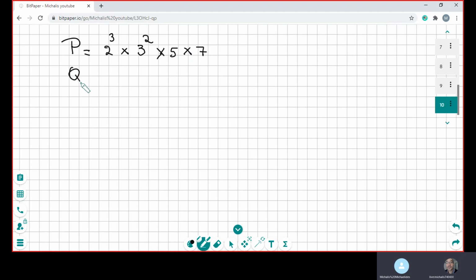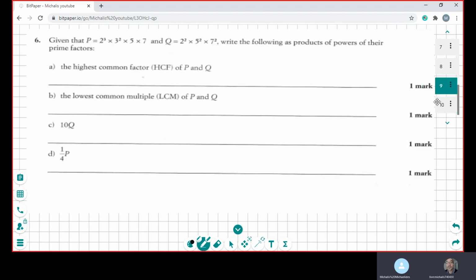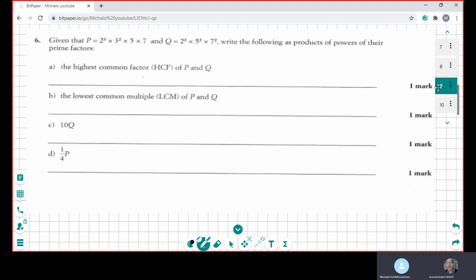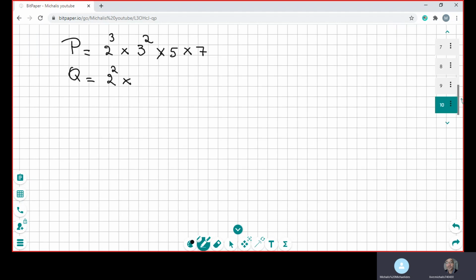And Q is equal to 2 squared times 5 squared times 7 squared. So you can compare the prime factors.